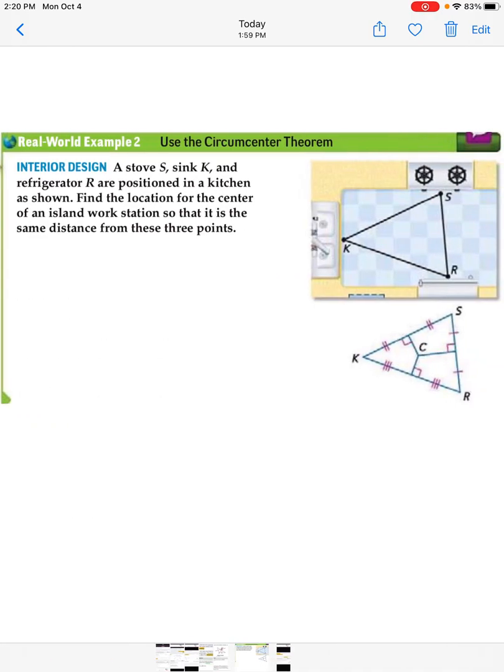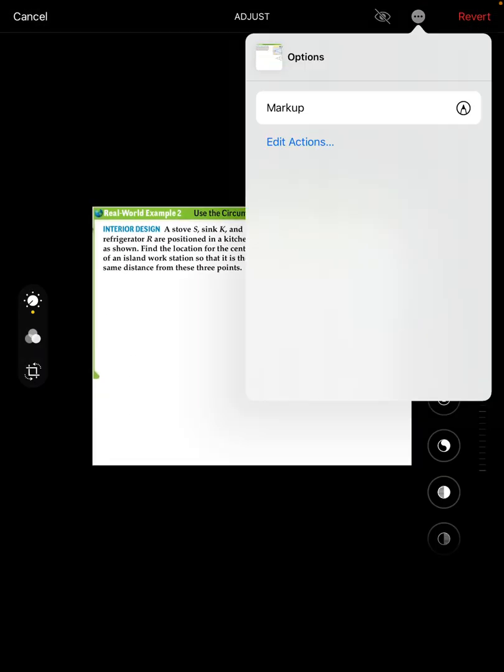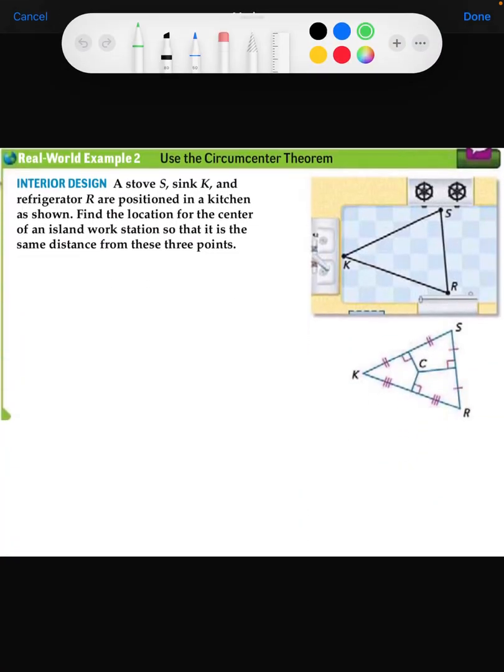Let's take a look at an example here. So in this example, we want to look at a stove S, a sink K, and a refrigerator R. And it tells us to find the location for the center of an island workstation, so it's the same distance from these 3 points.